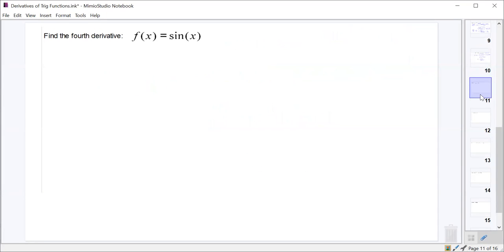All right, let's find the fourth derivative of sine x. And we'll probably stop after this one because we're getting close to the end of our time here. So f prime of x should be what? Cosine x. What about f double prime? Negative sine x.